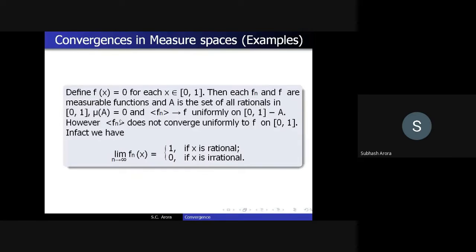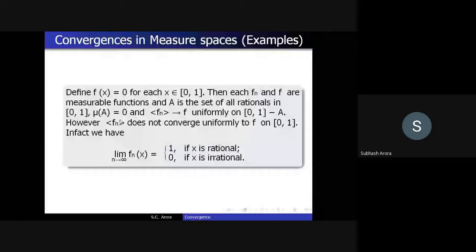Let A be the set of all rationals in 0, 1. Because it is a countable set, mu of A is equal to 0. And Fn converges to F uniformly on the complement of this set A.